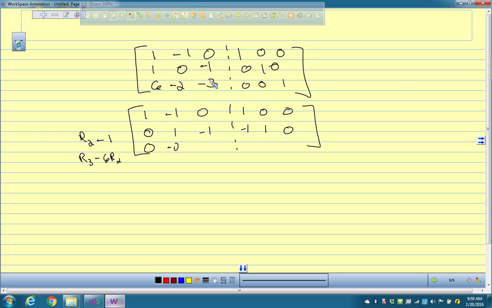See where you make mistakes there? That turns into a positive 3. Positive 3? How did I get negative 3? Because it's negative 3 minus 6 times that. It's 6 plus, that'd be 3, right?